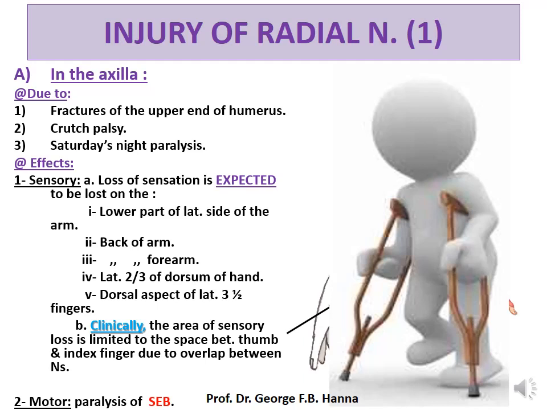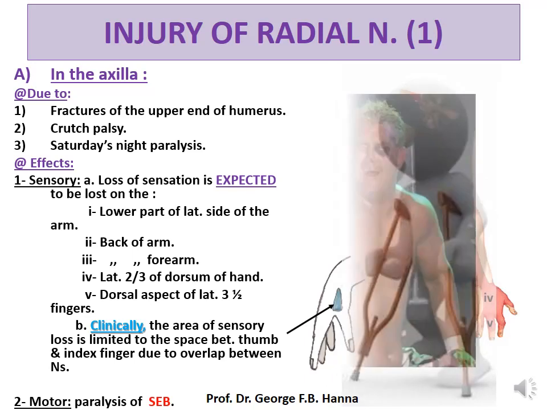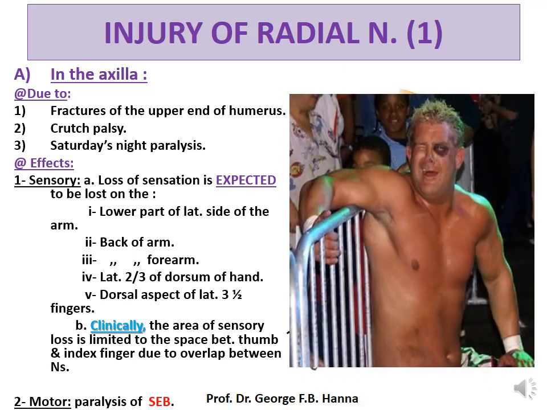Lastly, I don't think we see it here in Egypt, so it is called Saturday night paralysis. Here is somebody who's hit, or maybe he's drunk. As you can see, his right arm here rests on this stand. Maybe it rests on a chair or something when he is drunk.